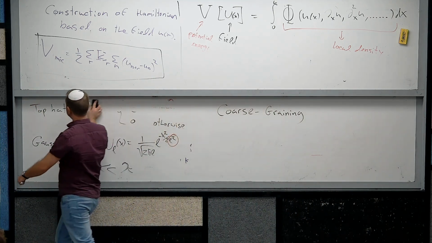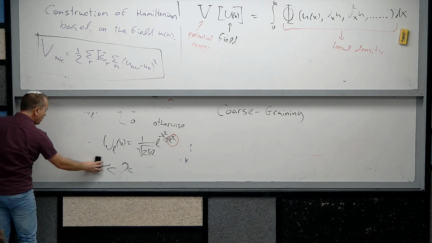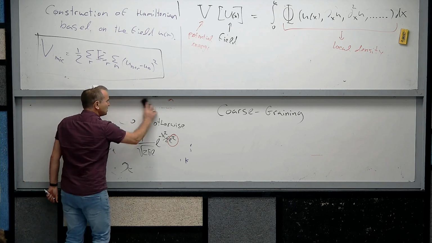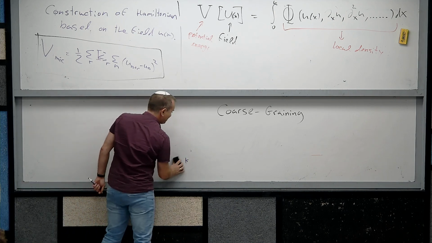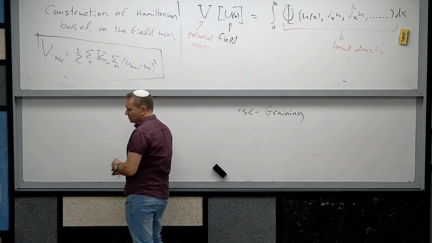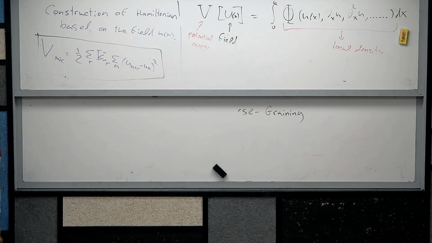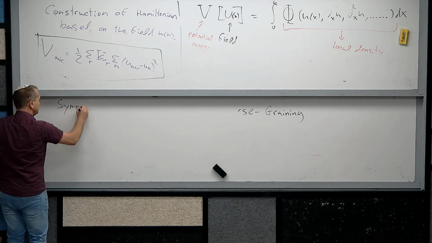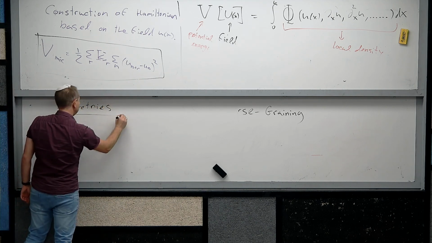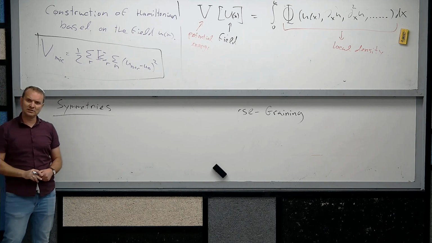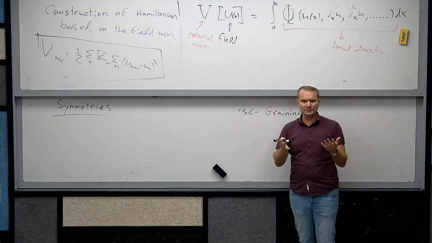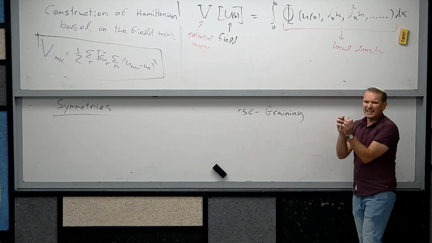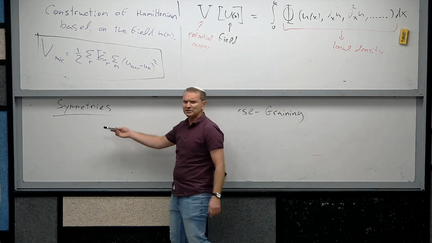So the idea is, maybe I don't know what the density is, but it has to satisfy some constraints, or generally speaking, symmetries. If I have symmetries in my system, my Hamiltonian, my potential function has to satisfy all those symmetries. It doesn't really matter what the exact structure is, but the symmetries have to be satisfied.